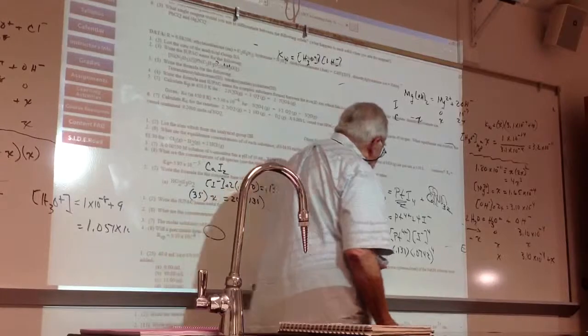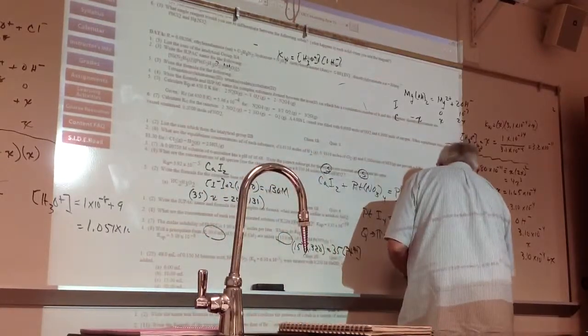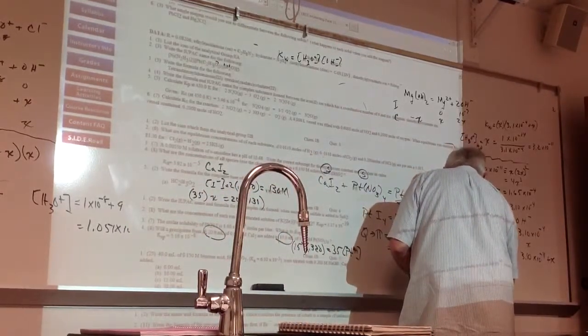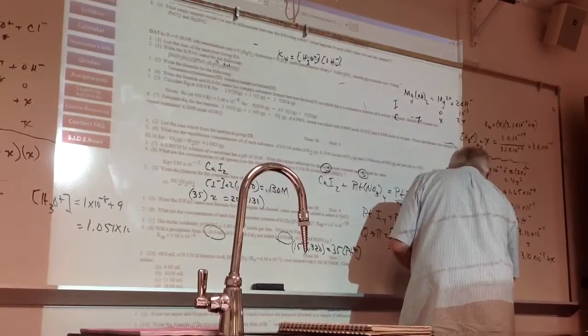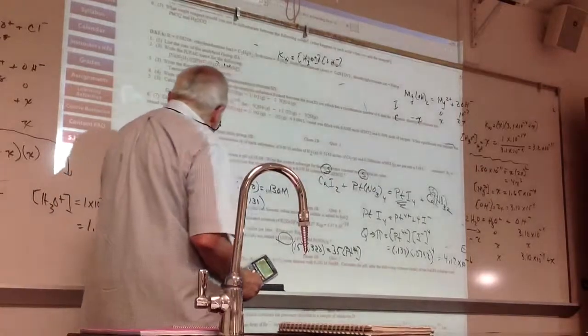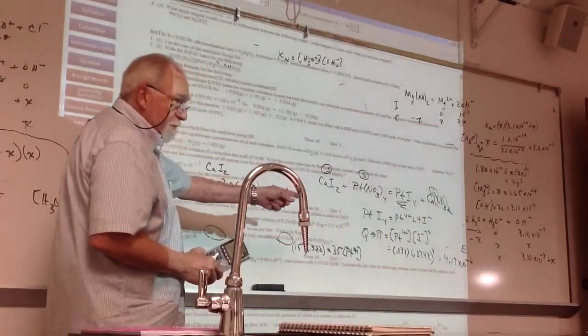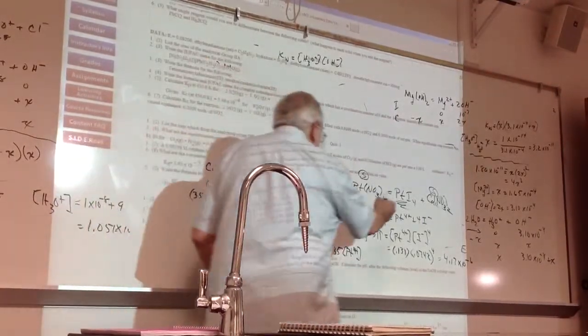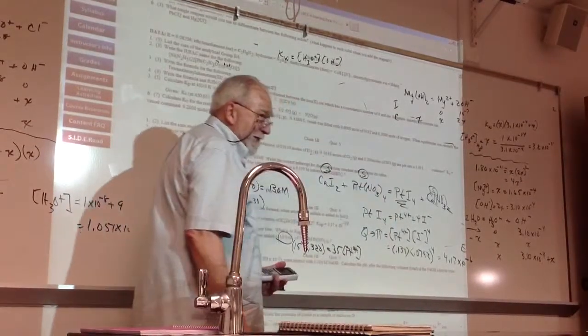And I get 4.17 times 10 to the minus 6. The KSP here was 10 to the minus 8, so that's bigger. So that means the reaction goes this way and we make a precipitate.